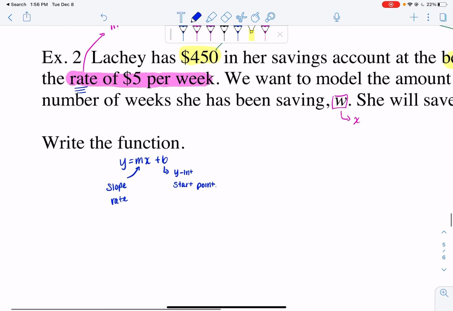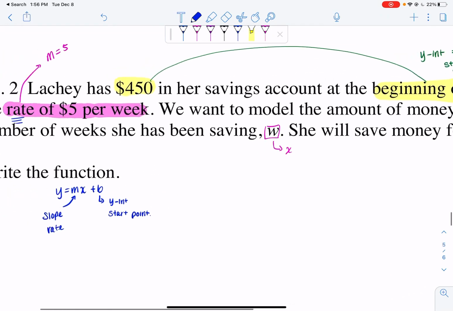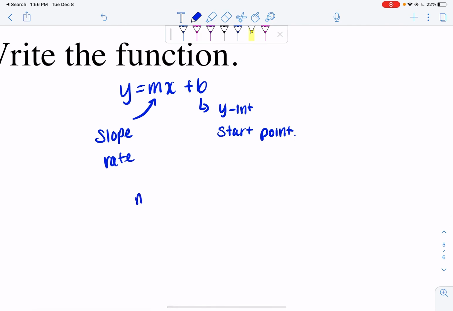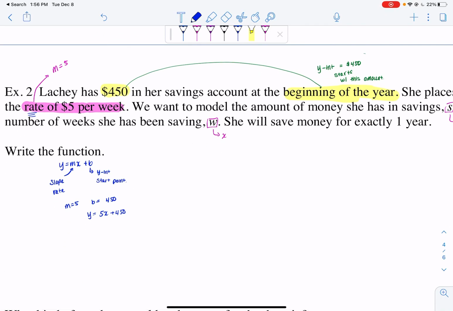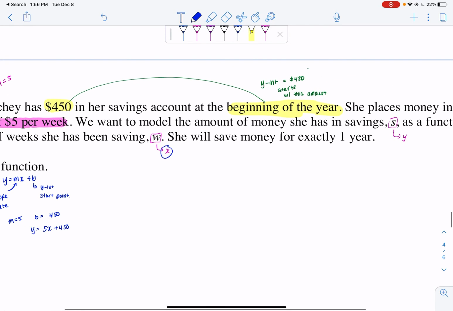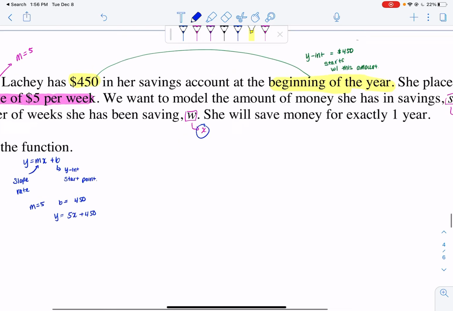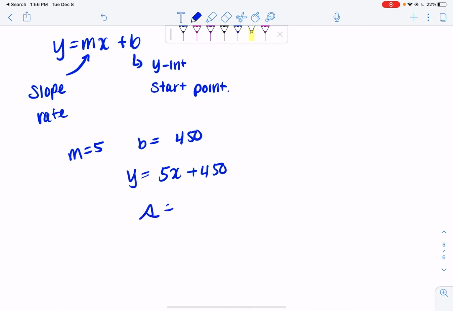So if I look at this question, we said our slope was 5 and our y-intercept was 450. When I put this into my equation, I get y equals 5x plus 450. What I now want to do is put the s and w in here. So remember, x is w, and I will put an s where y is. So my equation will be s equals 5w plus 450. And that's your final answer.